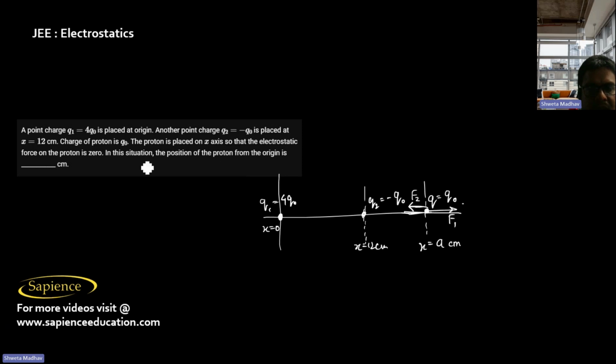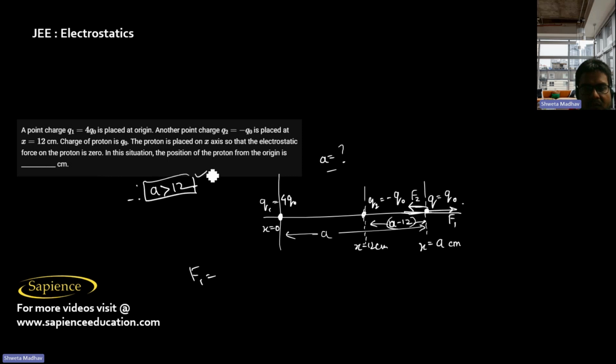So in this situation, the position of the proton from the origin is dash centimeter. So it means the value of A only has been asked. So F1 that will be equal to, so this length is A units and this length is obviously A minus 12 units. So therefore now here you can see that A should be more than 12.